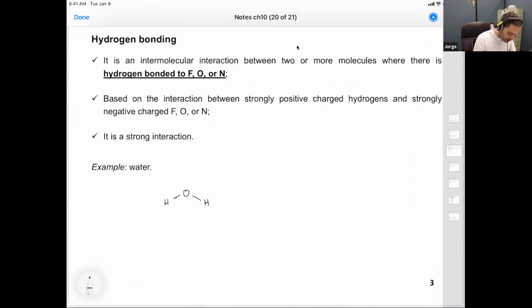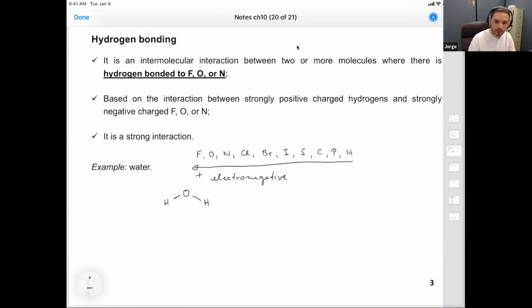Remember that the most electronegative atom is fluorine. That's followed by oxygen, nitrogen, chlorine, bromine, iodine, sulfur, carbon, phosphorus, and hydrogen. Okay, so fluorine is the most electronegative atom.